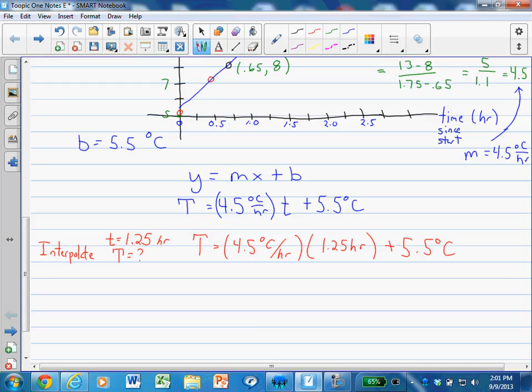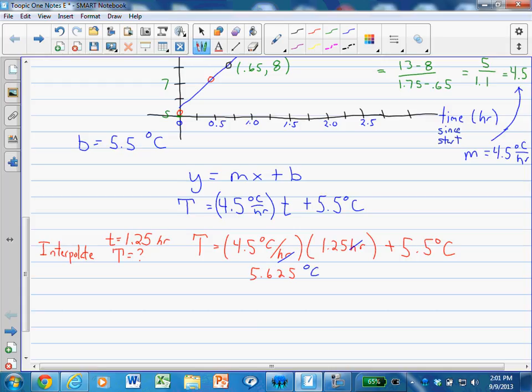So now, these have units on them, but the numbers are just what? Multiplied, right? 4.5 times 1.25 gives 5.625. What are the units now? Still degrees Celsius because these would cancel.